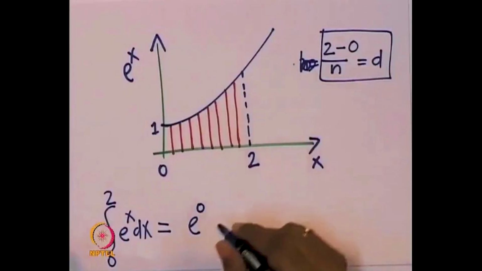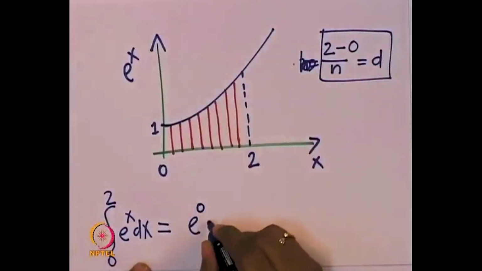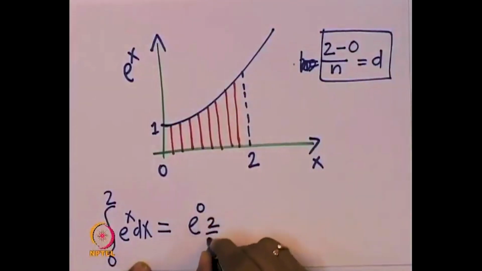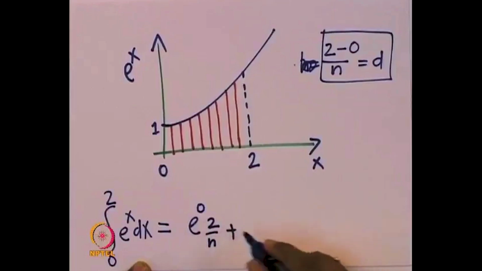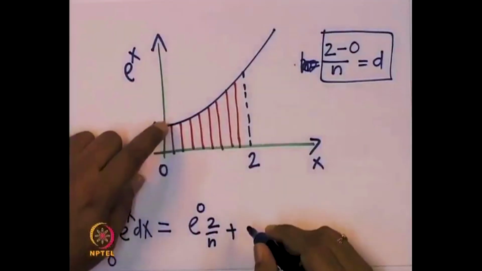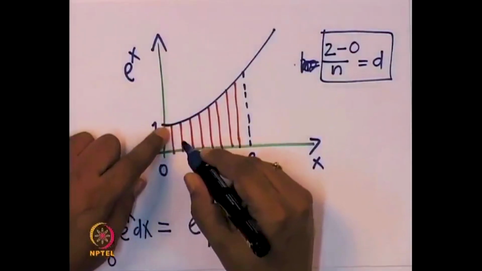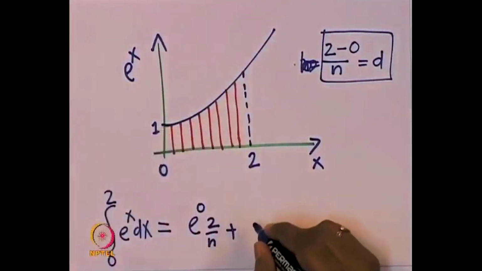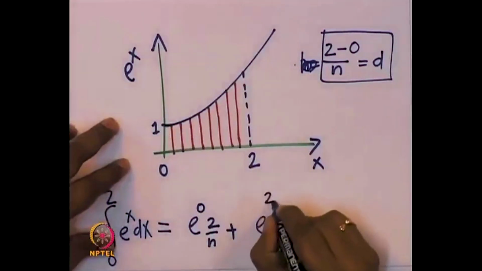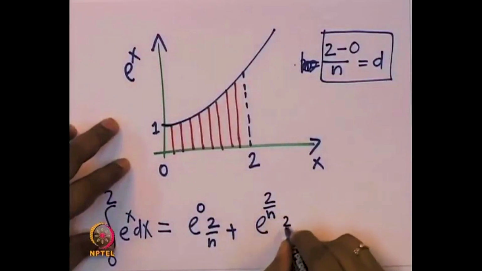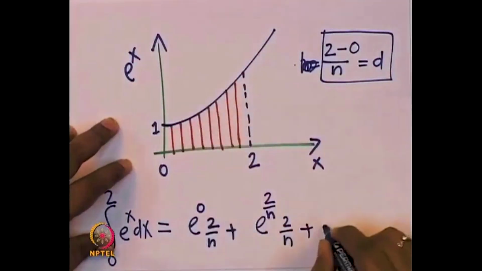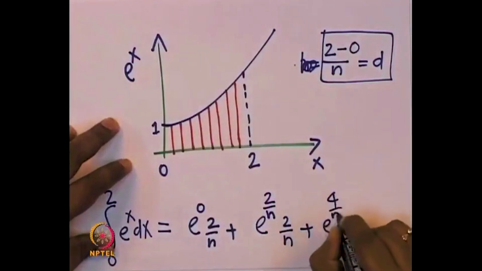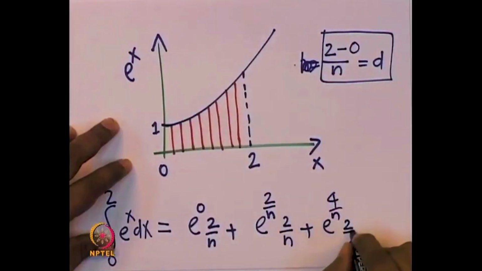So, e power 0 into 2 by n, plus, the next part will be at 2 by n, so e power 2 by n into 2 by n, plus e power 4 by n into dx, which is 2 by n, the width, plus dot dot.